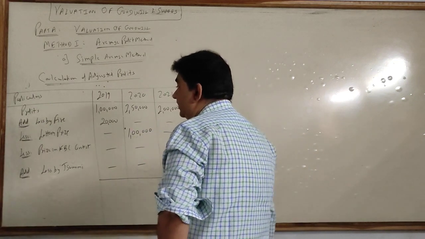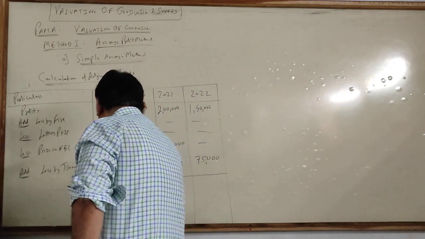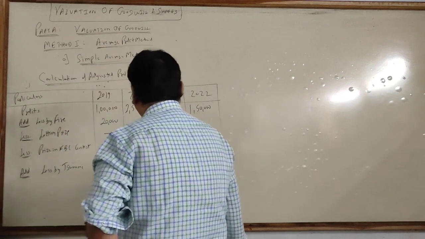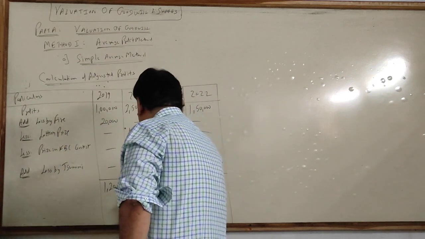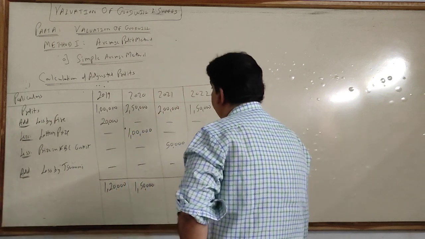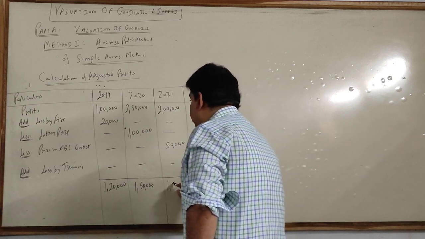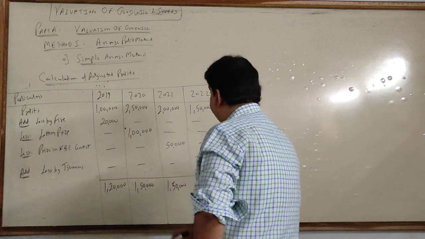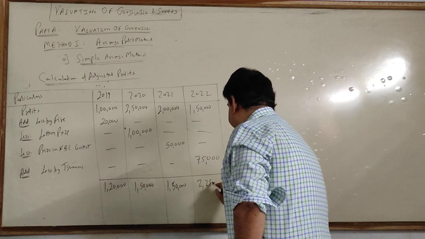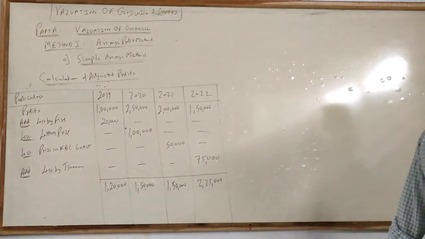Sometimes students make a mistake of instead of adding, they deduct it. 2019, 1 lakh plus 20, 120. 20 में 250 minus 1 lakh, 150. 21. 2 lakh minus 50, again 150. And the last 150 plus 75 gives you 220.